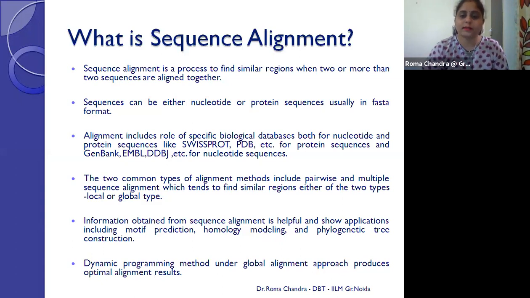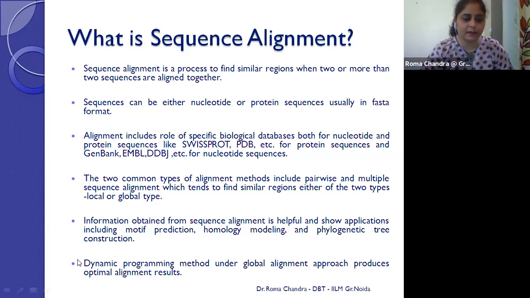Now the second thing is, what are the different types of alignment methods? When we are trying to find out similarity between sequences, we can do it by two methods. The first is the pairwise alignment method, and the second is the multiple sequence alignment method. You can use both methods.